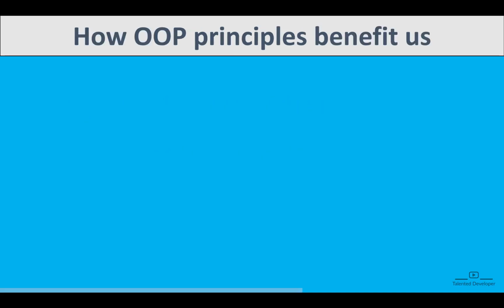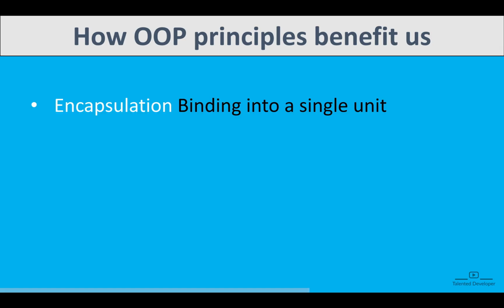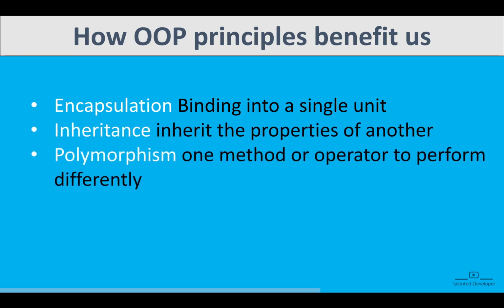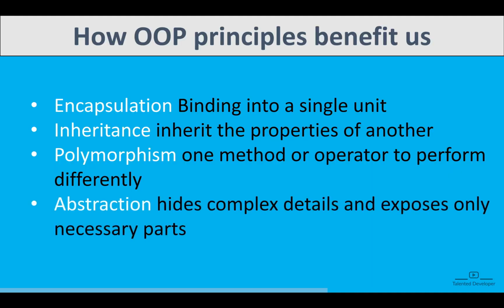So I just told you we have four principles, but how are they going to benefit us? Encapsulation means binding into a single unit. Inheritance means inheriting the properties of another. Polymorphism means one method or operator performing differently. Abstraction means hiding the complex data and exposing the necessary parts. So the four principles' examples we already saw, and this is a small definition for you guys.